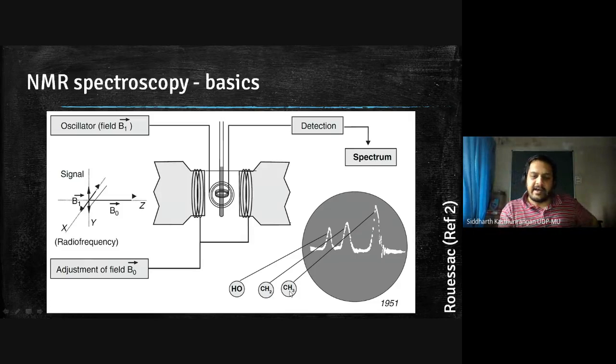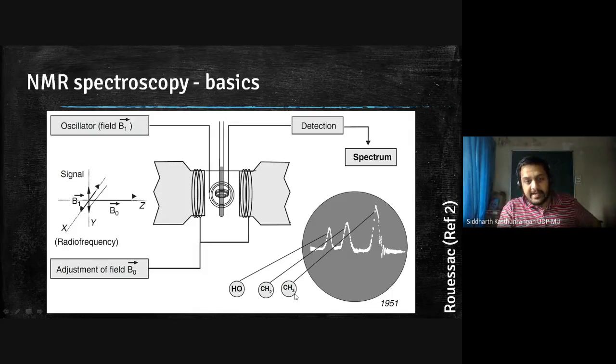The one which is at the other end in the CH3 group experiences a different type of surrounding, and the middle one gets partially this and partially this, all the influence, and so you get three different peaks, even though the hydrogen atom which is present in all the three is the same. You get three different peaks because the surroundings are different.